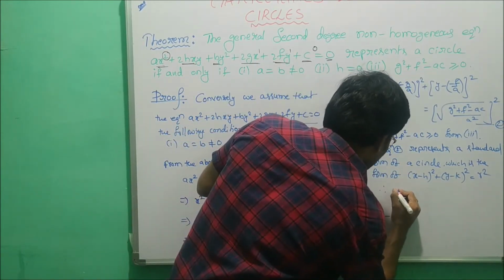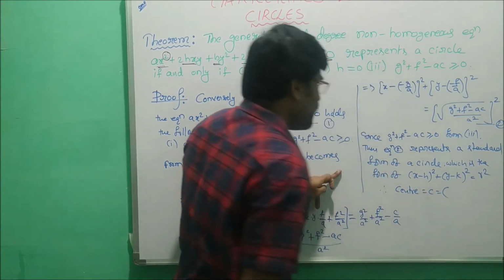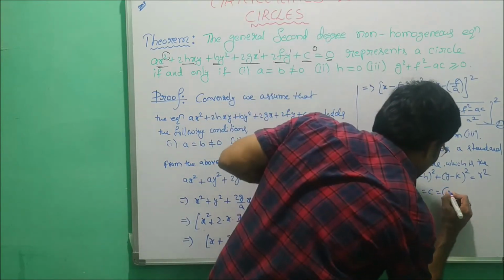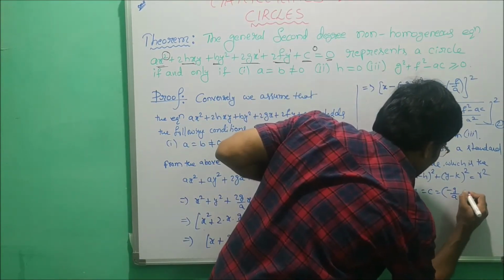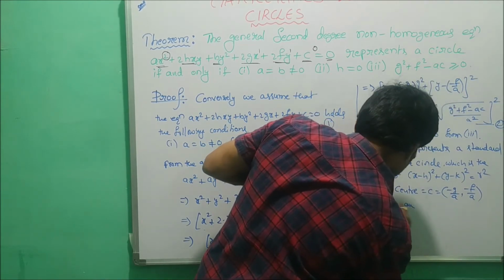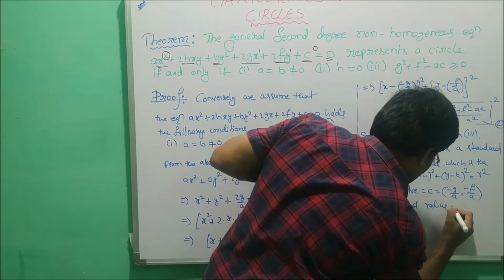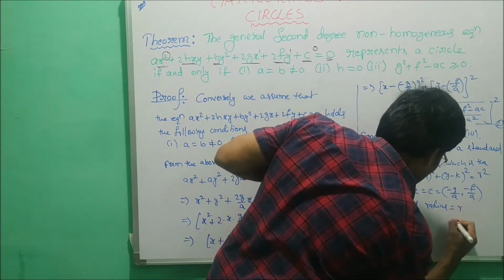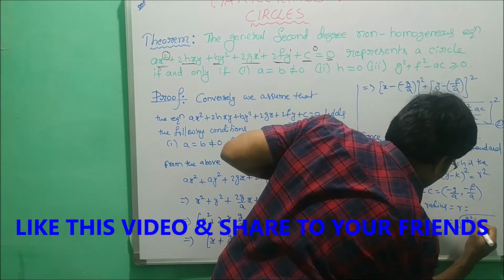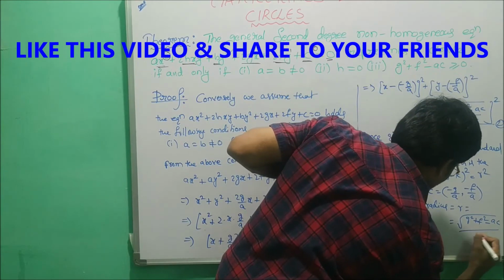Therefore the center C is (−g/a, −f/a) and the radius r is the square root of g² + f² − ac.